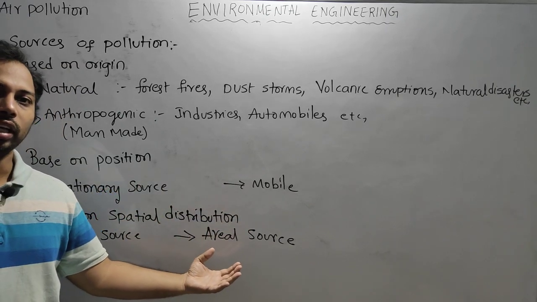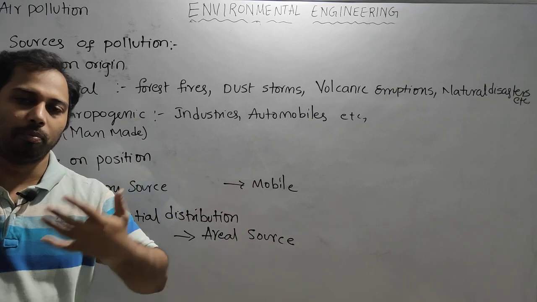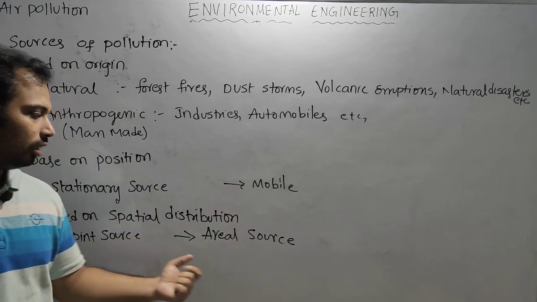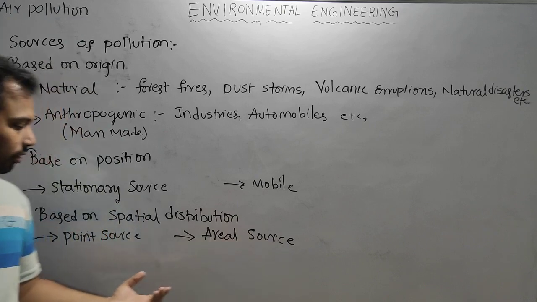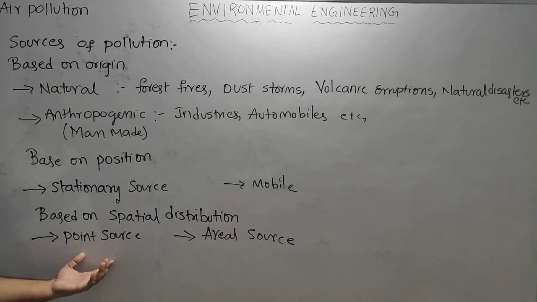So likewise, industrial regions, industrial parks, like that. So these are called aerial sources. So if only one industry is there, then those kinds of sources are called point sources. Okay. So these are the classification of air pollutants based on the sources.